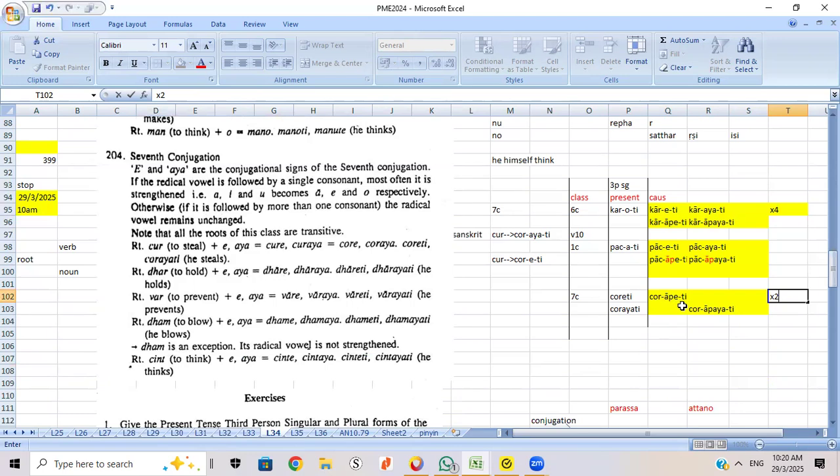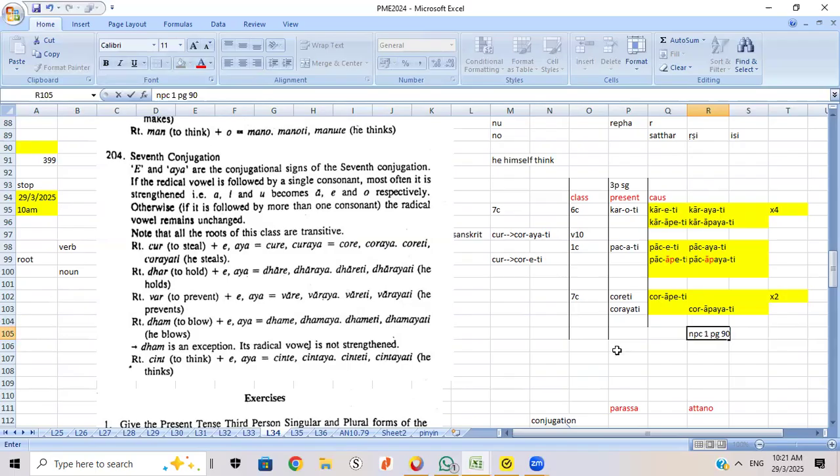Even though you can see this one, you can see it in NPC 1, page 90. NPC calls this the simple form.